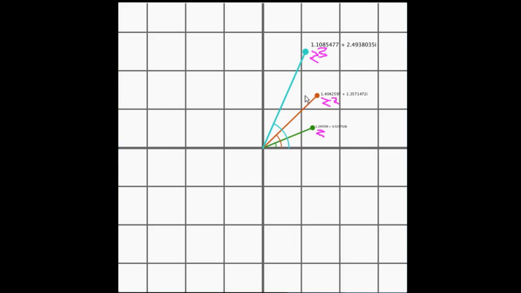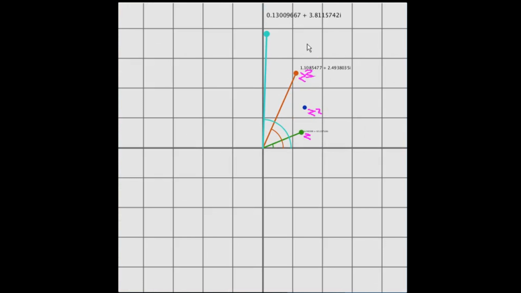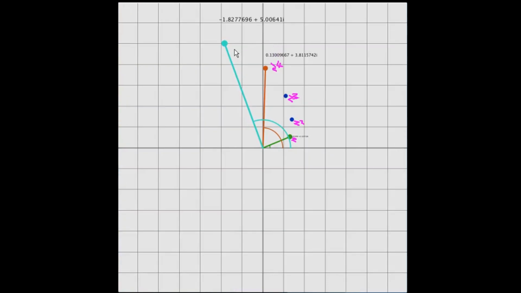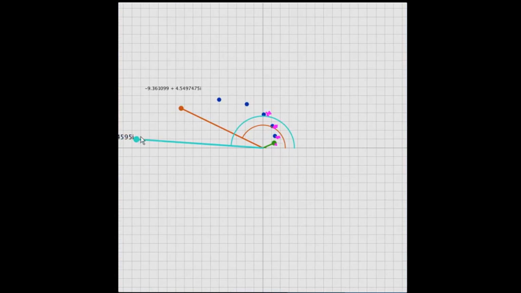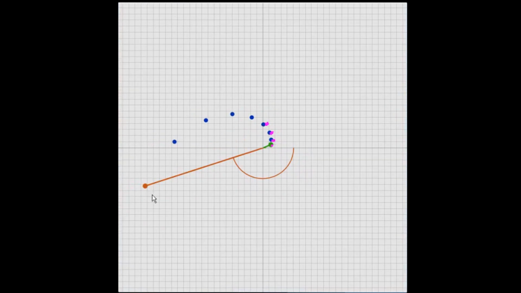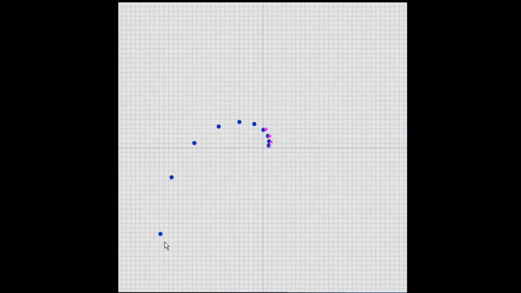And then if we multiply z and z cubed, we're going to get z to the 4th. And this continues on with z to the 5th, z to the 6th, z to the 7th, z to the 8th, z to the 9th, and z to the 10th, and this is getting pretty crazy. You can see really easily the pattern. It's making a nice spiral, and hopefully it should be clear why that's the case.